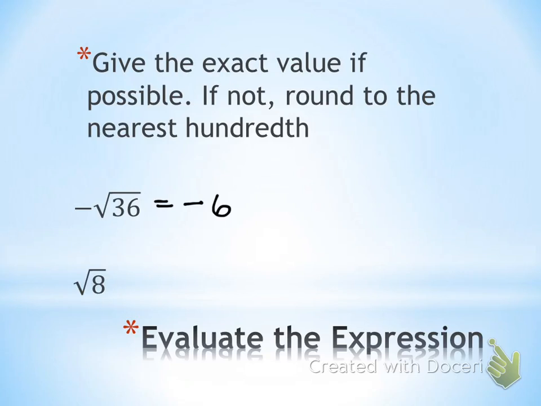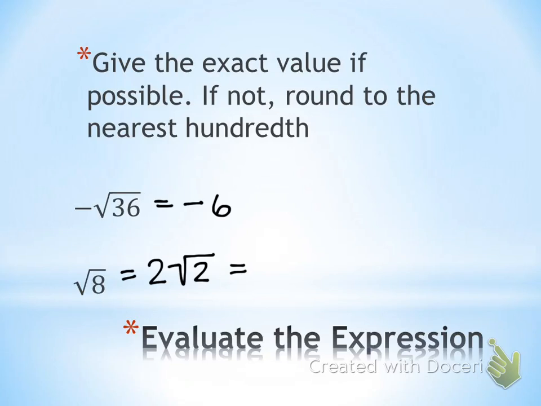So what you want to do is plug this into your calculator, and your calculator is probably going to give you, if you have the calculator that I suggested, the answer 2 times the square root of 2. All you need to do is push the little white button that has an arrow going to the left and to the right, and it will change that answer into a decimal. Because in these instructions, I want you to round to the nearest hundredth.